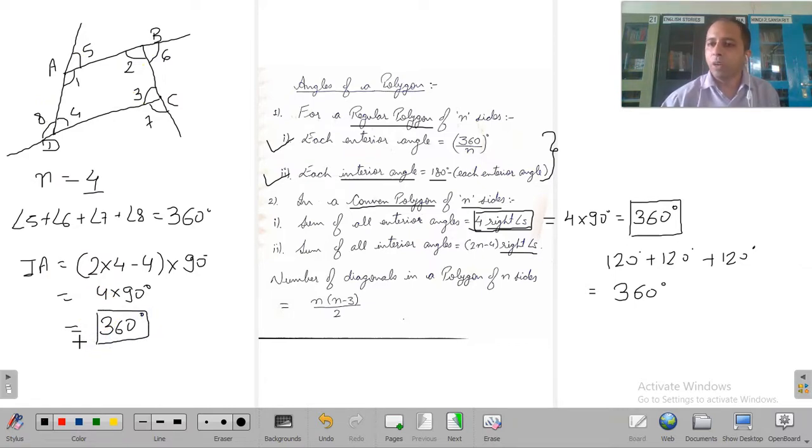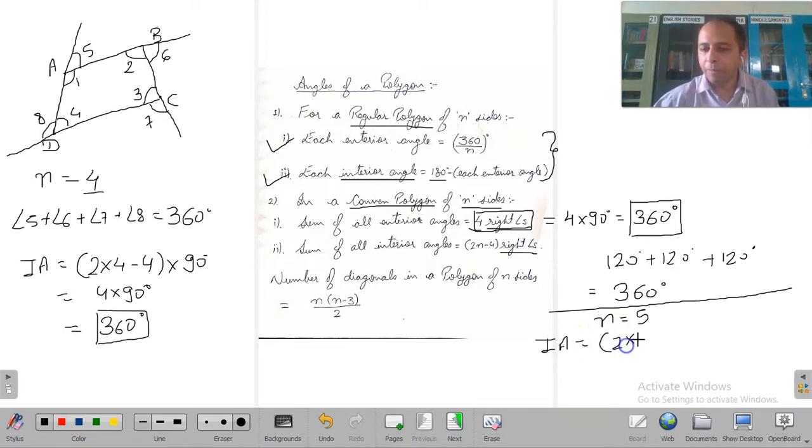In case of a pentagon, a pentagon has 5 sides. So the value of n for a pentagon is 5. So what is the sum of all interior angles of a pentagon? It is 2 multiplied by 5 minus 4, multiplied by 90. 2 multiplied by 5 is 10. 10 minus 4 is 6.